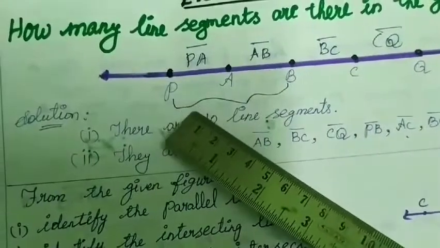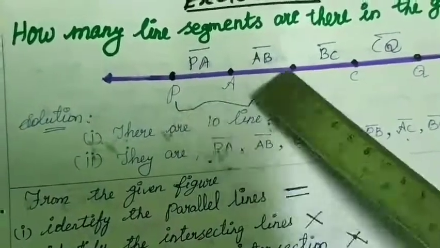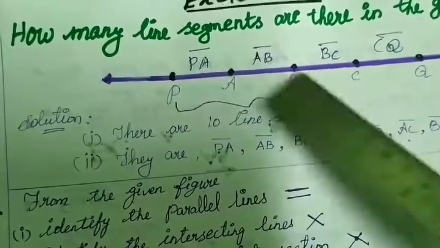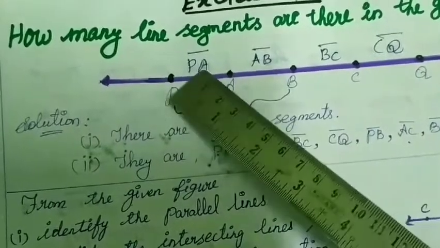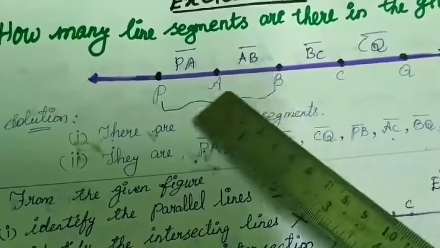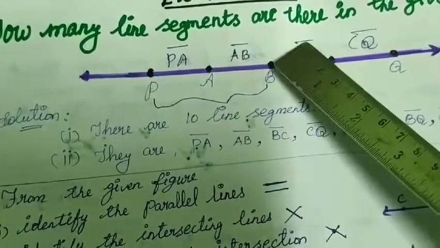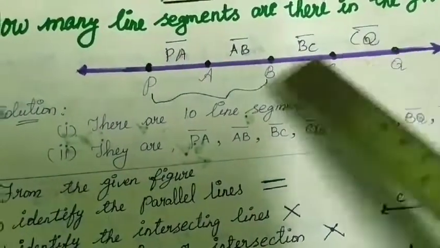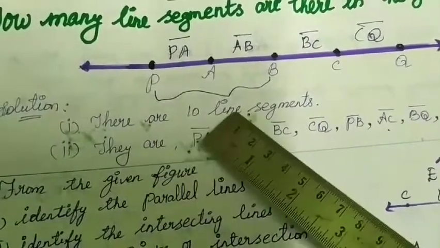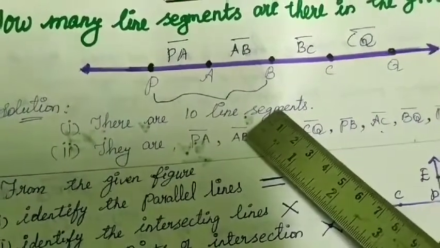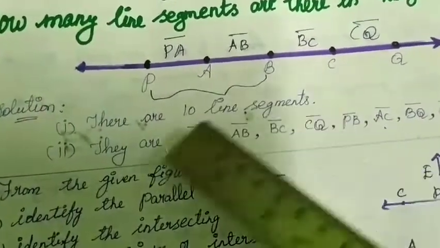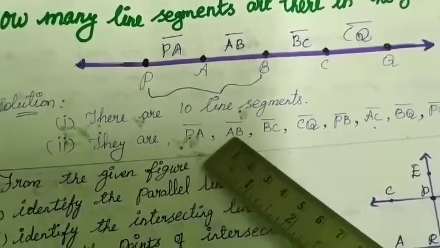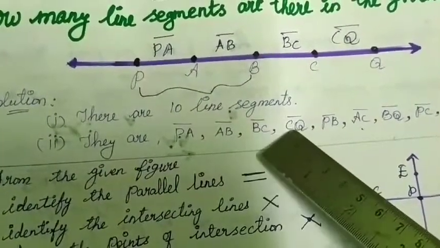Here P, B, so that has one line segment. PA is one line segment, AB one line segment, BC one line segment, and CQ one line segment. Like that there are 10 line segments. They are PA, AB, BC, CQ.